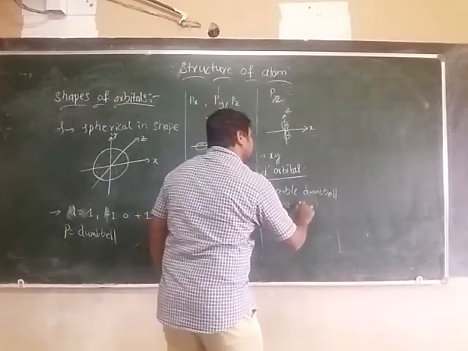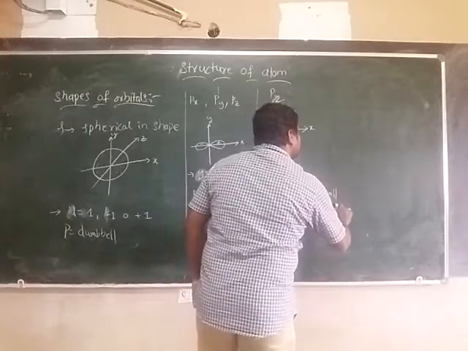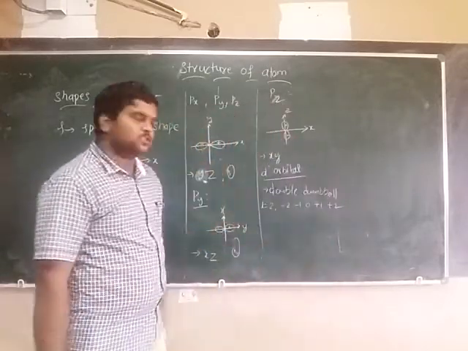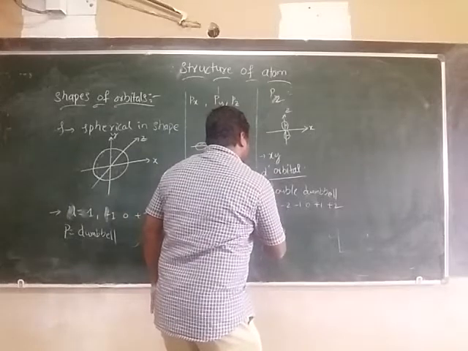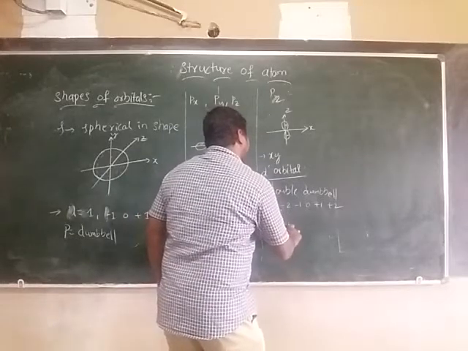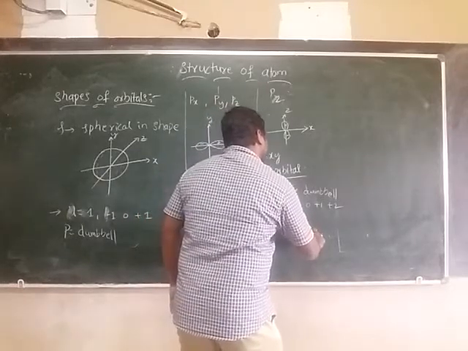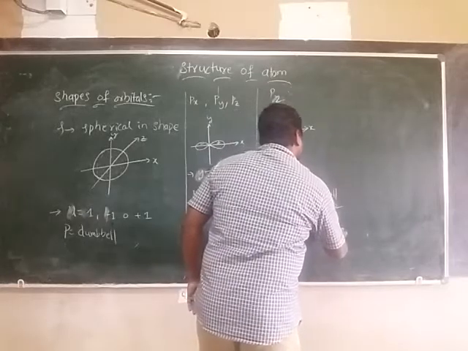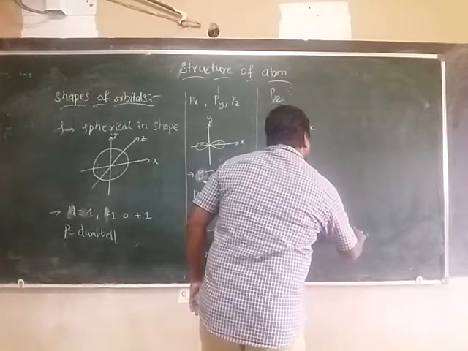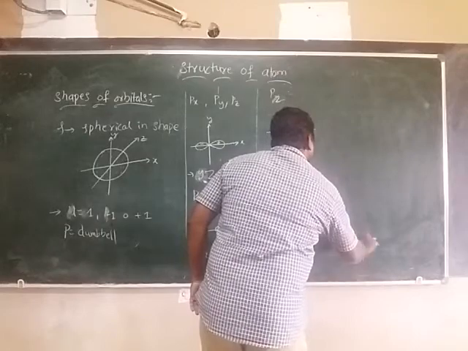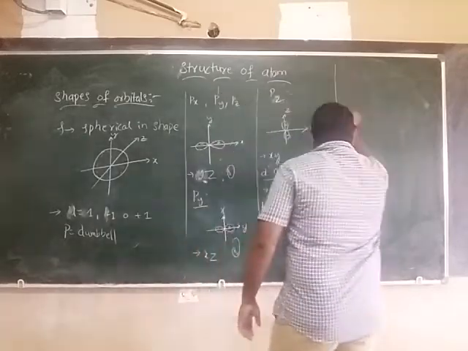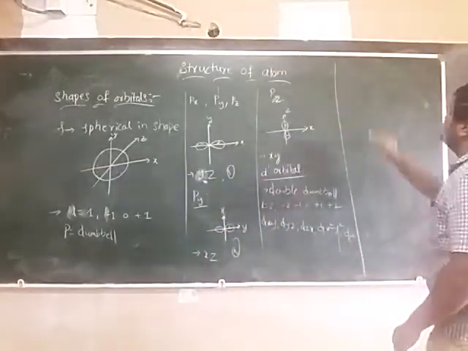So -2, -1, 0, +1, +2. So total 5 orbitals. What are those? dxy, dyz, dzx, dx square minus y square, and dz square. So we will see that. First, dxy.